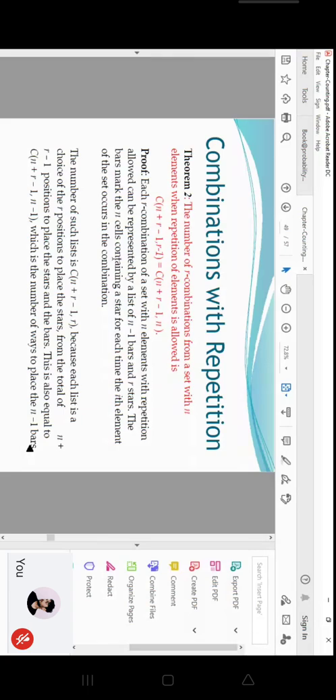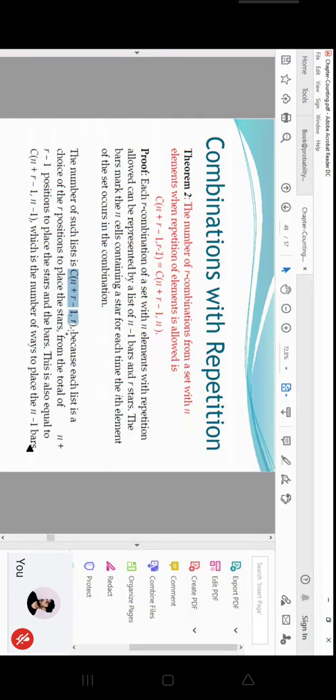So in the previous slide we mentioned that for combination with repetition, this is the formula we will apply, N plus R minus 1 CR, which says how many ways we can select R out of N elements where repetition is allowed. And these are unordered selections. That's why we say combination with repetition.